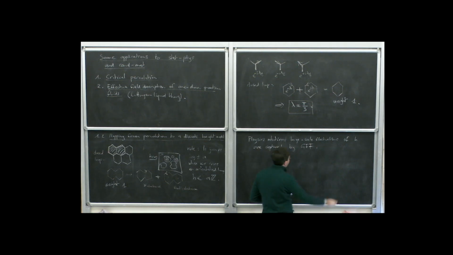But the GFF that last time I normalized in this way, so the action, remember, was normalized in this way, and I'm going to use the same convention now. It was the gradient of h squared d2x.